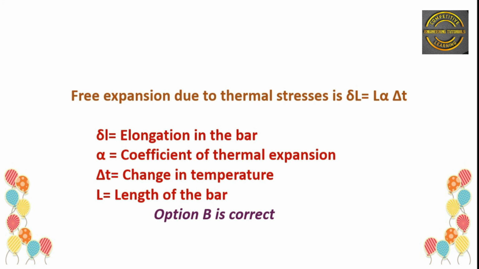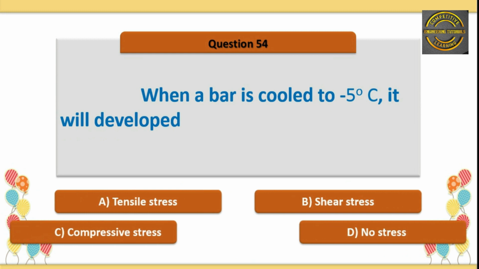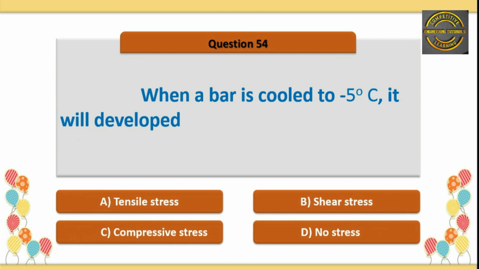Free expansion due to thermal stresses is delta L equal to L alpha into delta T. Where delta L equal to elongation in the bar, alpha equal to coefficient of thermal expansion, delta T equal to change in temperature, L equal to length of the bar. Option B is correct. Question number 54. When a bar is cooled to minus 5 degrees centigrade, it will be developed. Option A is correct. Tensile stress.